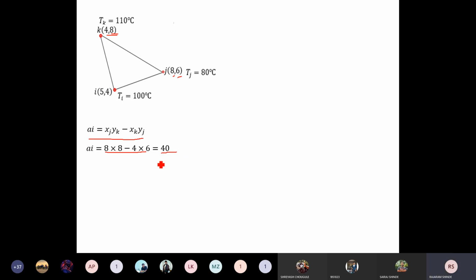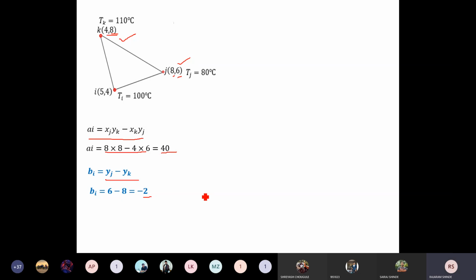After calculation of ai, we go for bi. Now bi is yj minus yk. yj is 6, yk is 8, means 6 minus 8, it is minus 2.